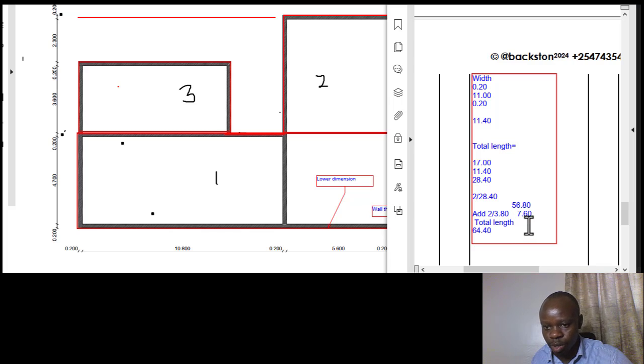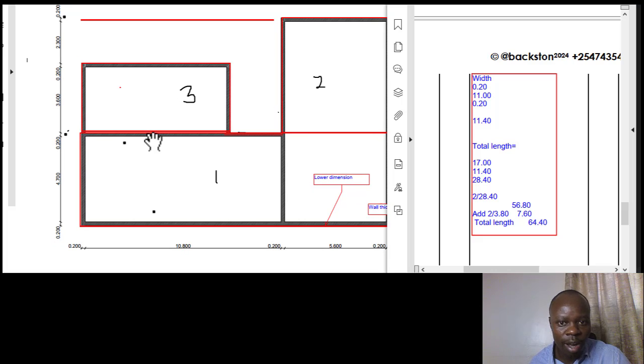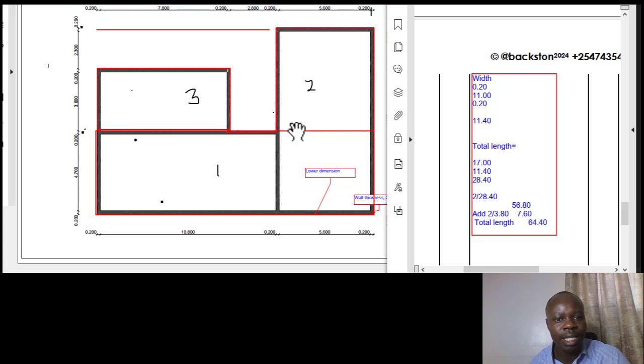Okay, so just delete some of that so that you have it properly arranged. So that is how it is. So we have our total length to be 64.40 as the length that we are going to use for the formwork at the edges of our slab.